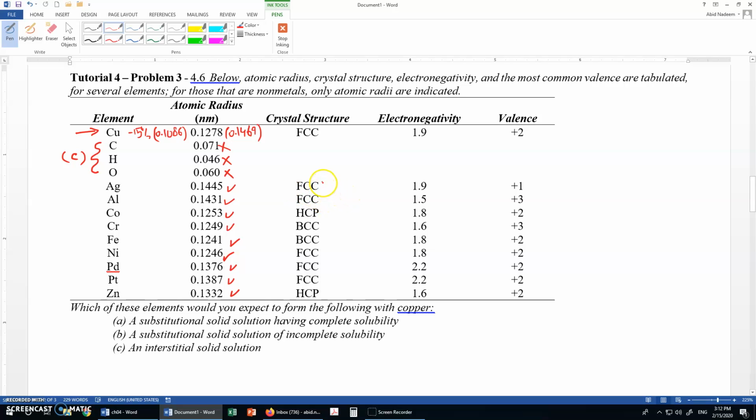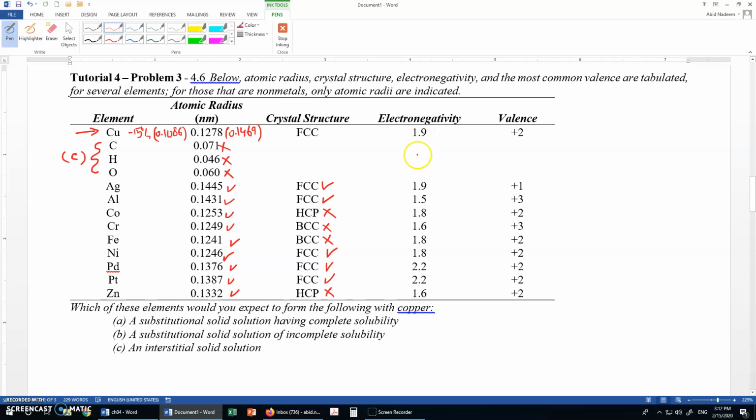So silver qualifies, aluminium qualifies, cobalt not, chromium not, iron not, nickel yes, palladium yes, platinum yes, and zinc no. Some qualify, some do not qualify to have a solid solution with copper, but we need to see the other conditions first before we give our final conclusion.